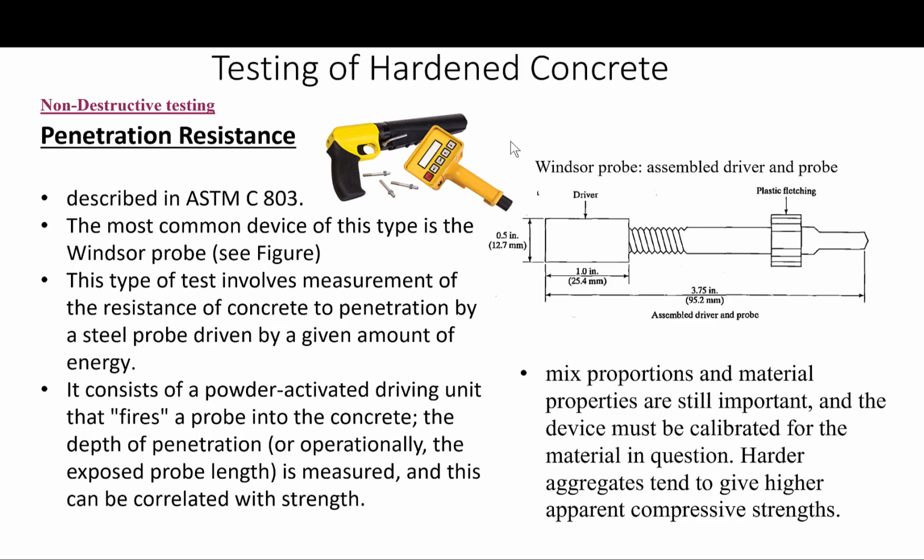Since in this technique there is considerable penetration into the concrete, surface texture and carbonation have less effect than in the rebound hammer case we discussed previously. But mixed proportions and material properties are still important, and the device must be calibrated for the material in question. For example, harder aggregates tend to give higher apparent compressive strength.